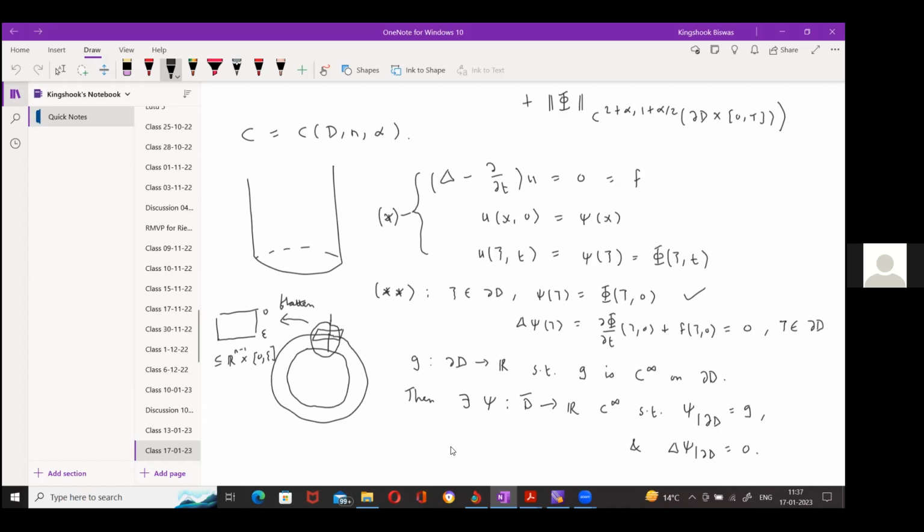So when I sum up, I'll get 0. That's not hard to do. I need to choose my psi in the normal direction so that the second partial derivative in the normal direction adds up with the partial derivatives in the tangent direction to give me 0. That's all.